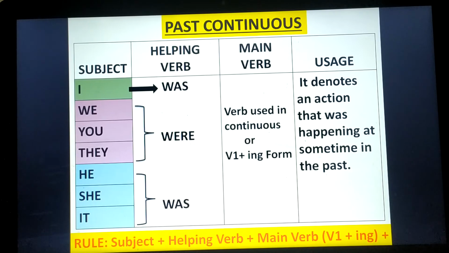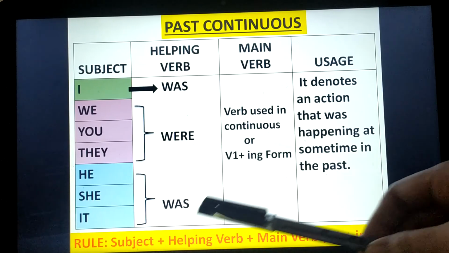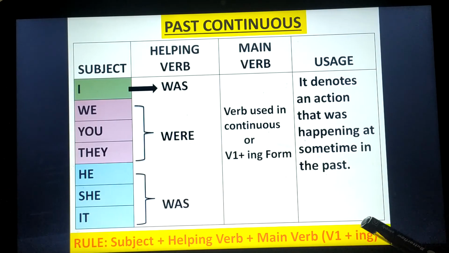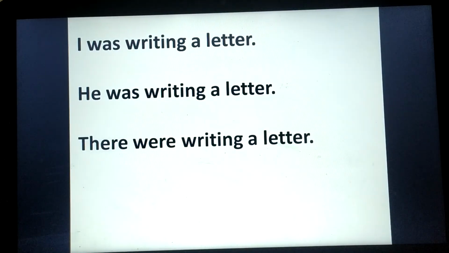Verb's first form and ing, like speaking, doing, eating, going, running, right? And we all know about its uses, that we use it to show the action that was happening in the past, right? So here we know the rule: subject plus helping verb plus main verb, main verb means verb's first form and ing, and then object. Here I have few examples. I was writing a letter, he was writing a letter, they were writing a letter.